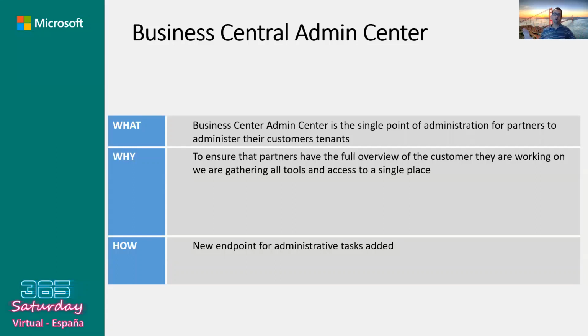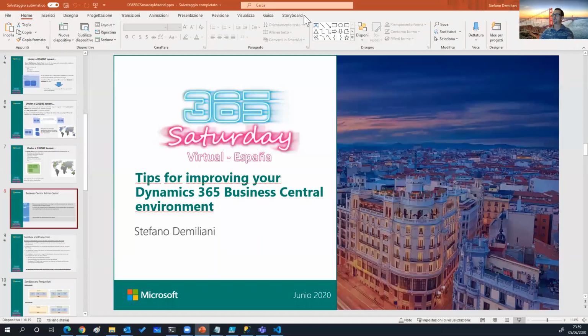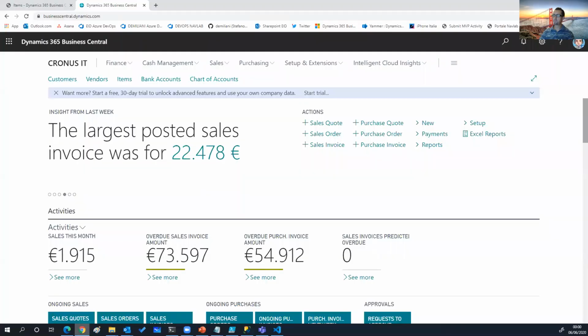The first point for managing a tenant as an end user or as a partner is the admin center, the Business Central admin center. The admin center is your single point of administration. It's a portal that permits you to manage environments and all the administrative tasks that are under these environments. And we'll see that live now.